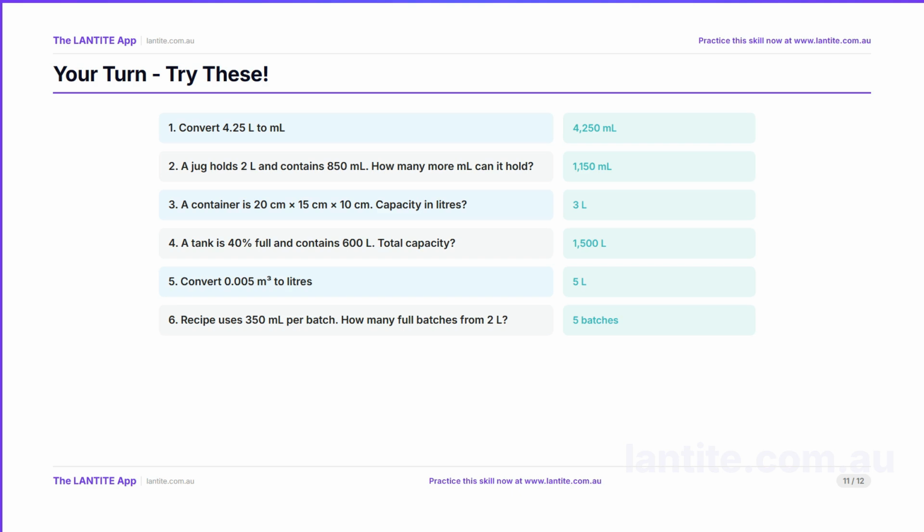What is its capacity in liters? Problem 4. A water tank is 40% full and contains 600 liters. What is the total capacity? Problem 5. Convert 0.005 cubic meters to liters. Problem 6. A recipe uses 350 milliliters of milk per batch. How many full batches can you make from 2 liters? Check your answers on screen.